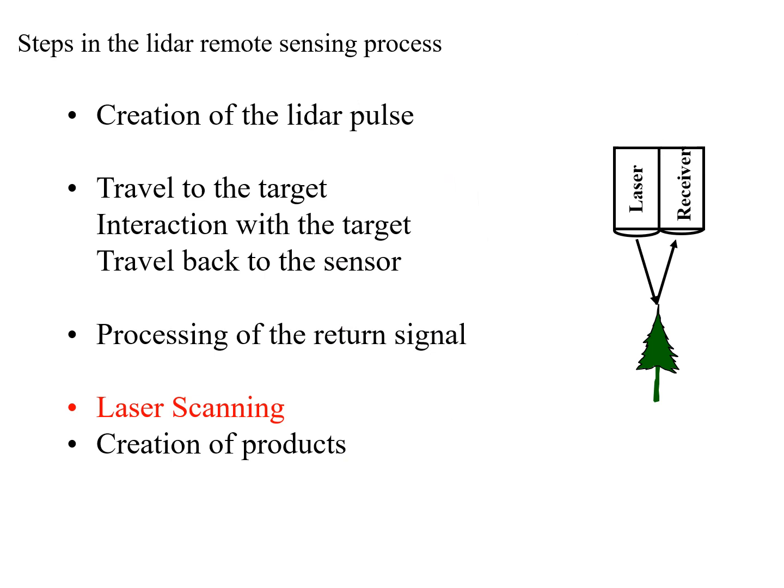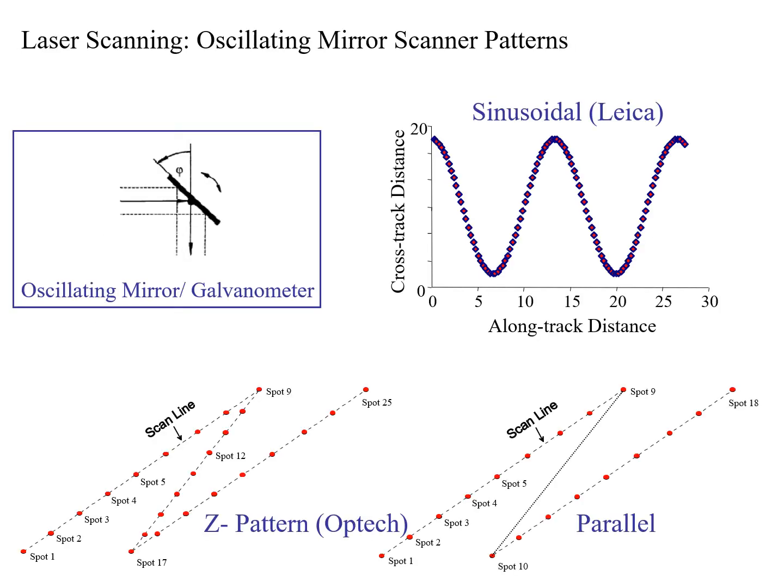Okay, so we have processed the return signal either by looking at a waveform or recording a series of pulse returns. We now have to scan, because so far all we've done is emit one pulse and record the information from the backscattered radiation from that point.